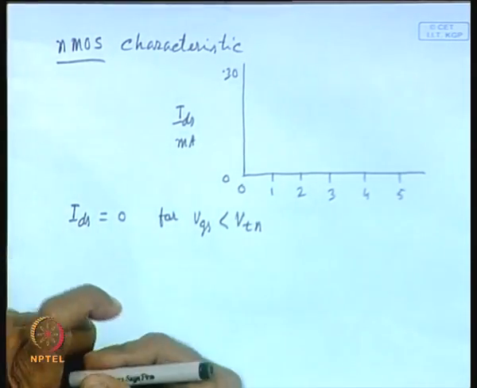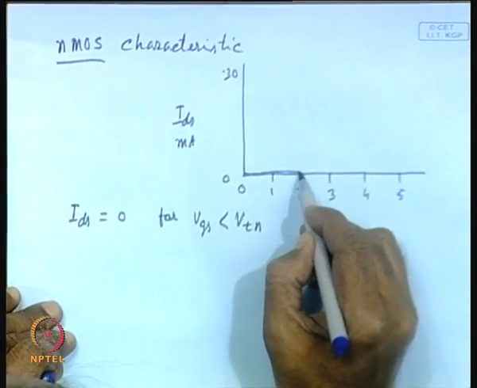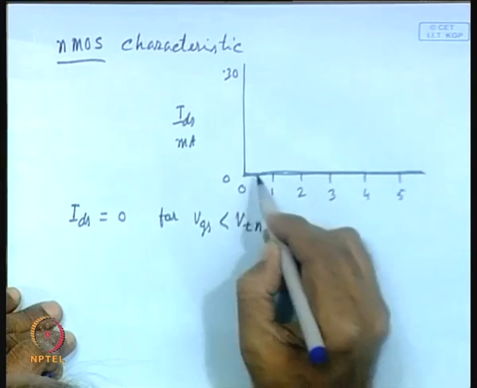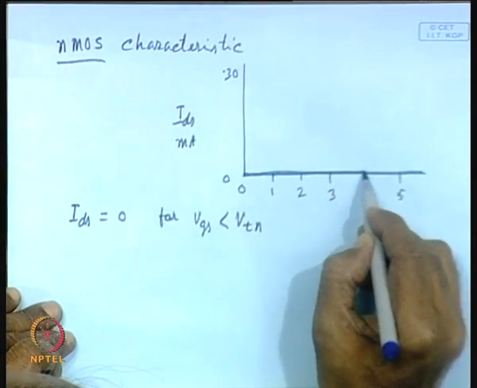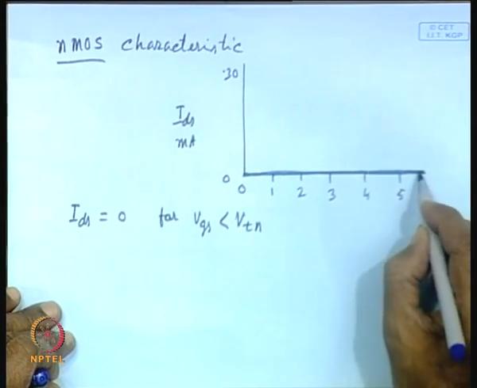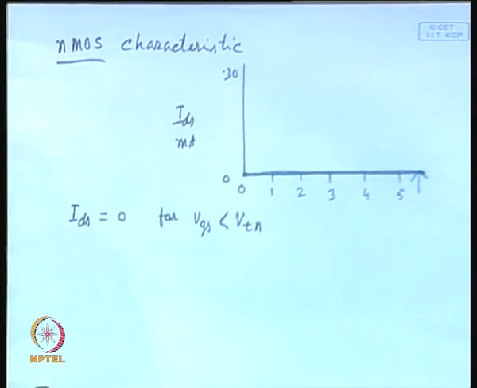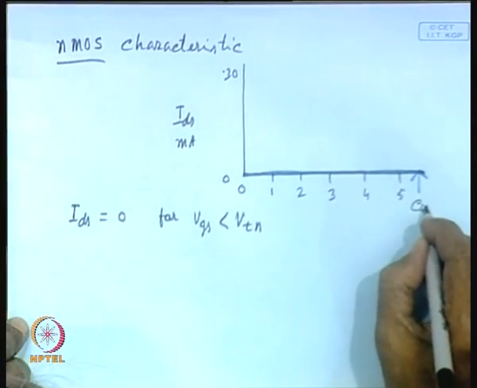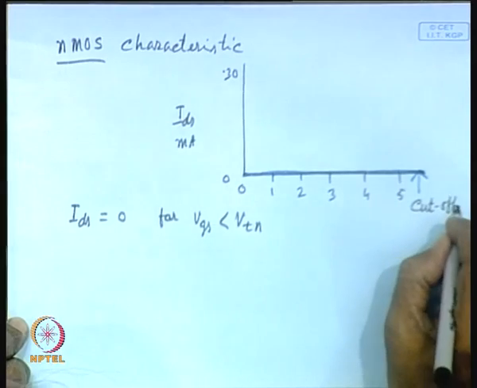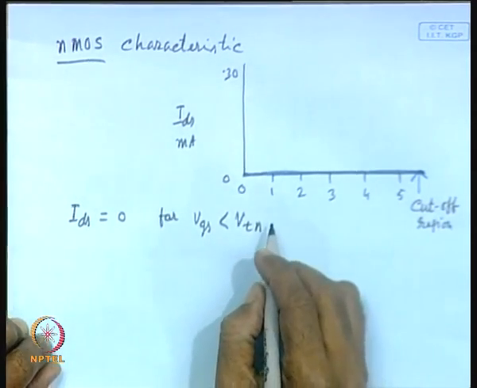That means this particular line will correspond to this region. That means, irrespective of the drain voltage, the current is 0, IDS is 0. So, this represents the cutoff region. So, this is your cutoff region.